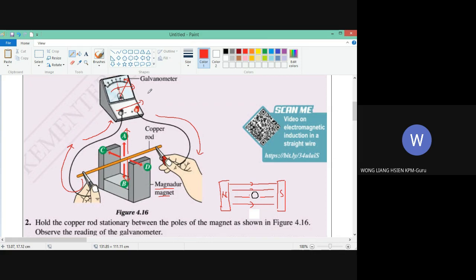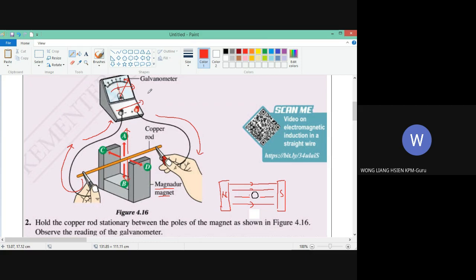Questions can come out asking what the direction of the galvanometer pointer will be. A lot of students don't know that the pointer of the galvanometer actually shows the direction of charge.